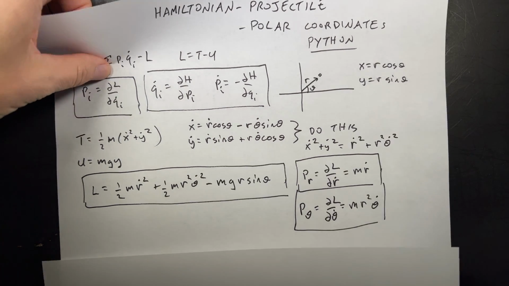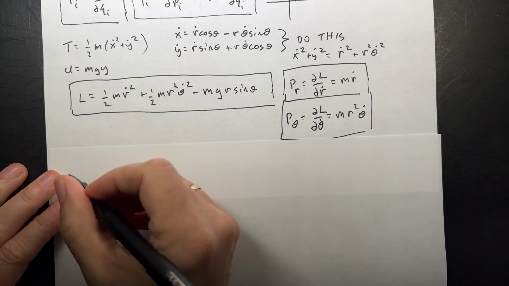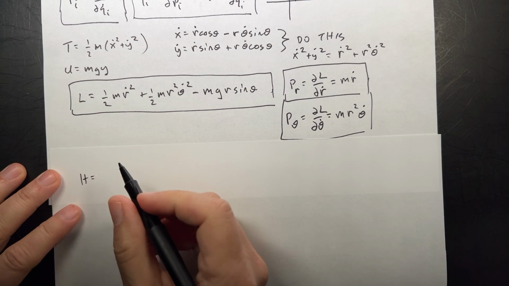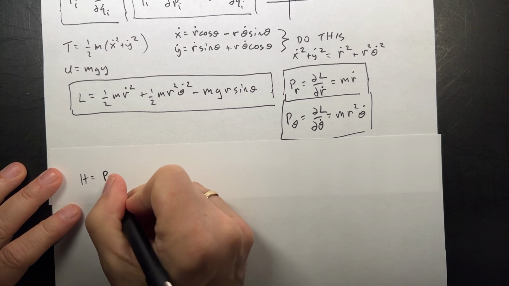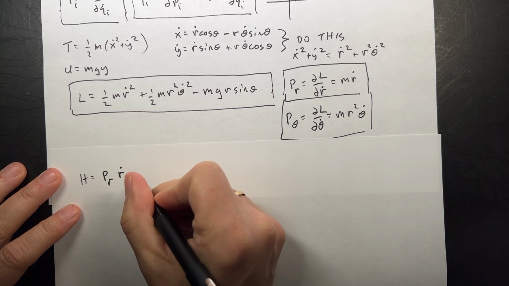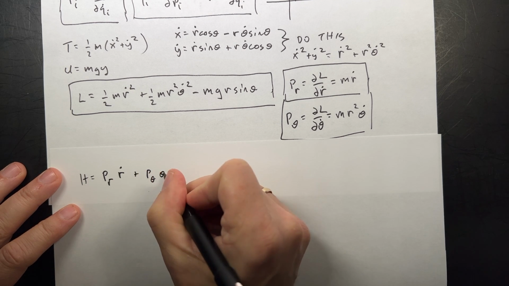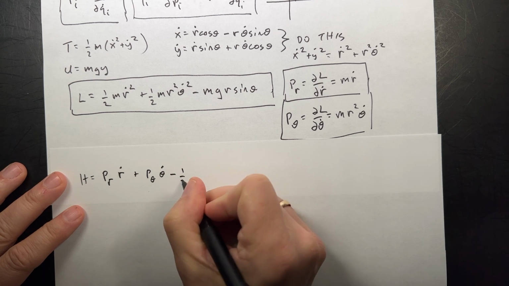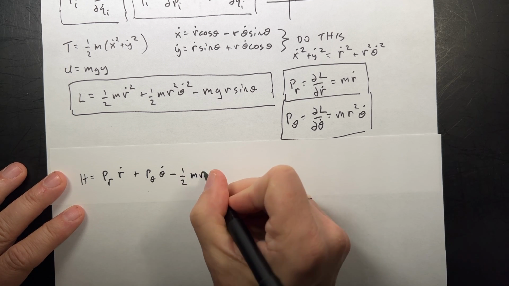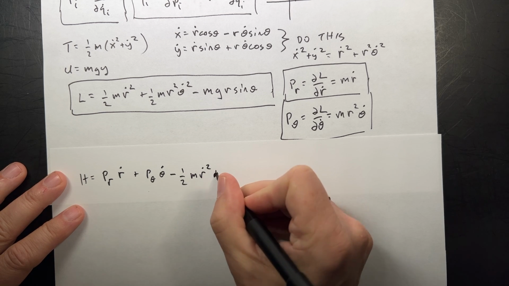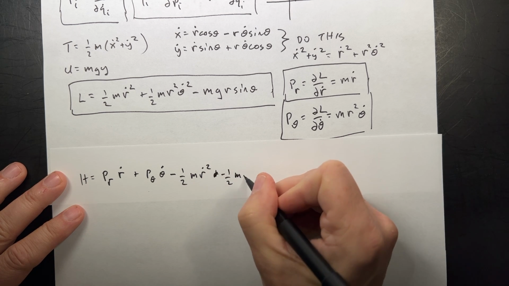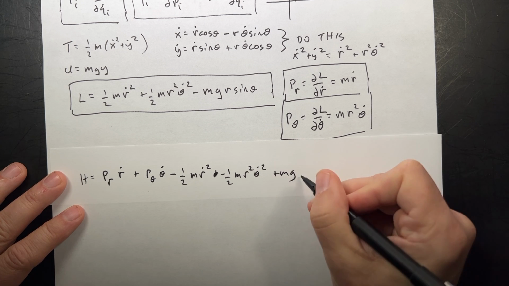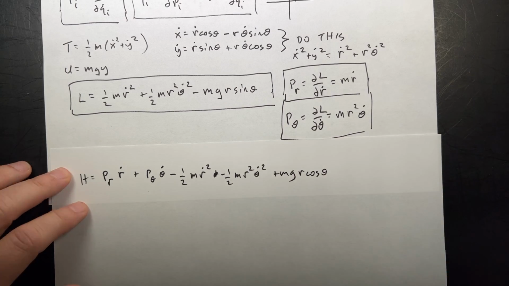Hamiltonian H is going to be equal to p r r dot plus p theta theta dot minus L, which is minus 1/2 m r dot squared minus 1/2 m r squared theta dot squared plus m g r cosine theta.